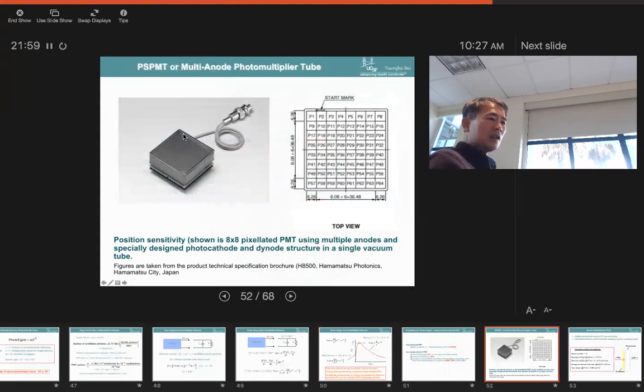And then it has multiple anodes corresponding to each rectangle. So each rectangle could be read as one pixel. That's why you can have position sensitivity of the signal, because you can read each anode separately. That's how you read the signal. So that's the reason the position sensitivity is preserved in here.